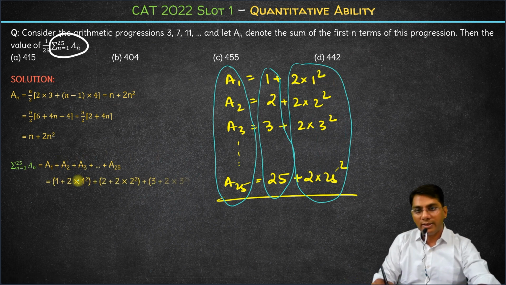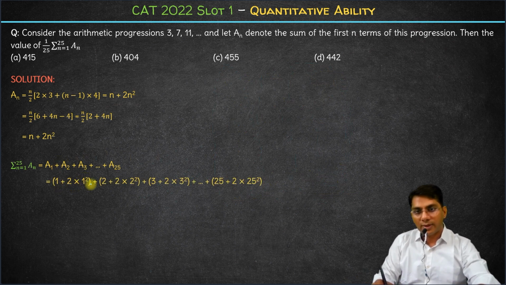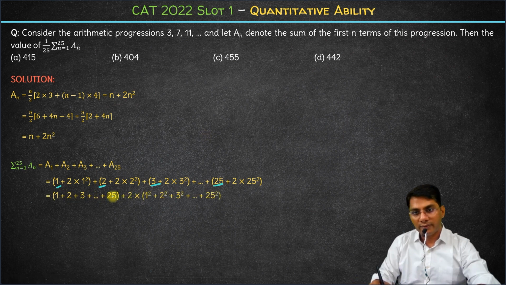So the sum of all these will be 1 plus twice of 1 square plus twice of 2 square and so on. Taking just the first terms together, we have 1 plus 2 plus 3 till 25. And from the second part of each of these terms, if we take 2 common, we'll have 1 square plus 2 square plus 3 square, and so on till 25 square, correct?